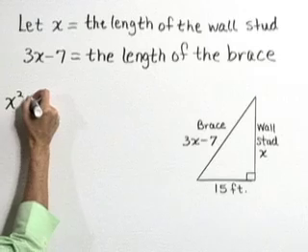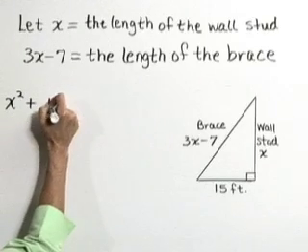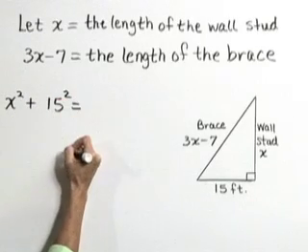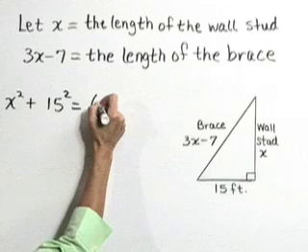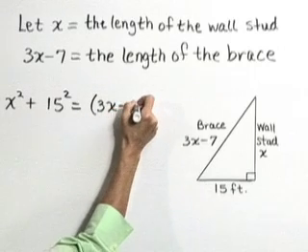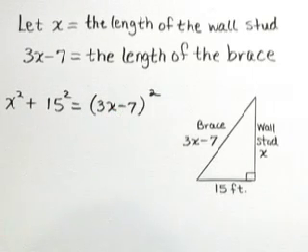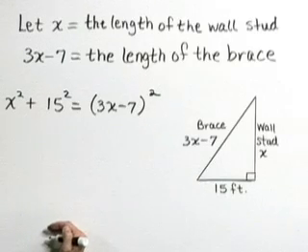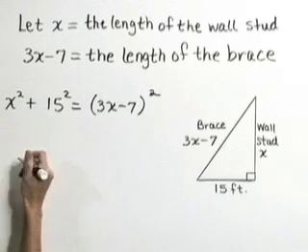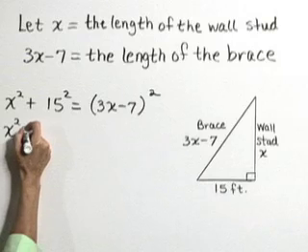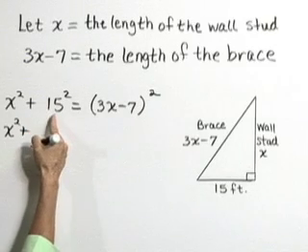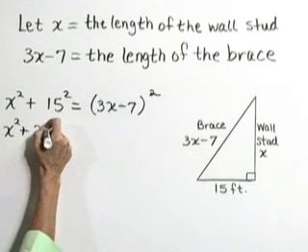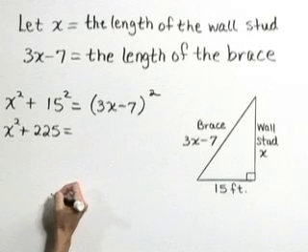x squared, a leg squared, plus 15 squared, the other leg squared, is equal to the hypotenuse, 3x minus 7 quantity squared. Now let's go to step 4 and let's solve this equation. On the left-hand side, we've got an x squared plus 15 times 15 is 225.